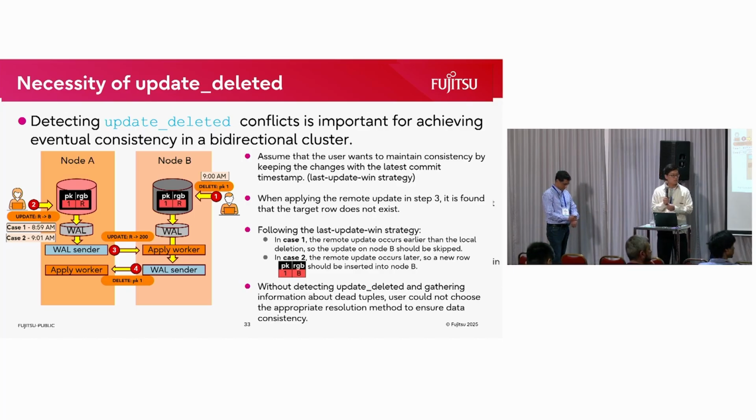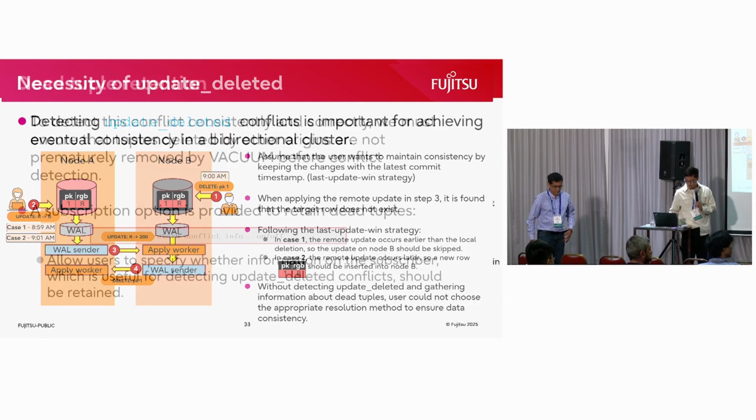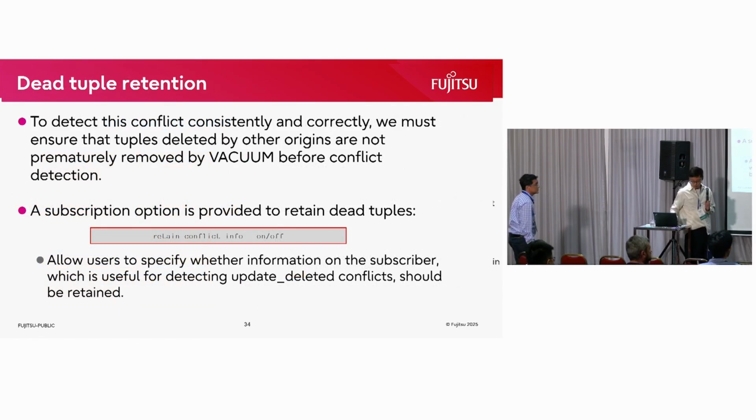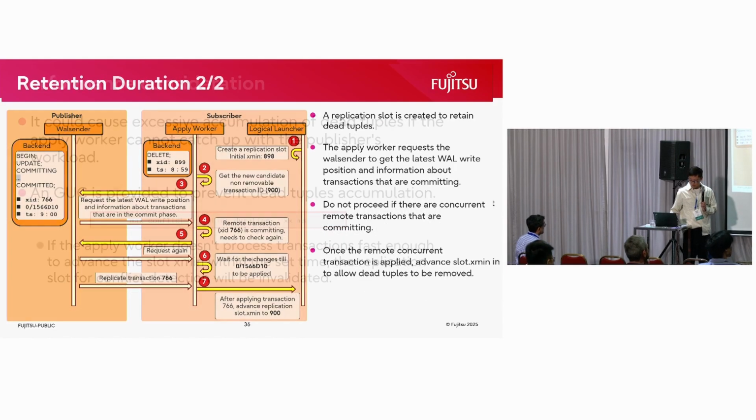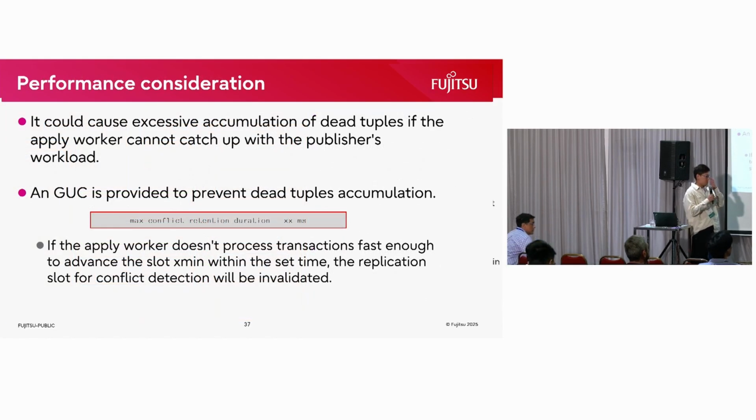I have one question. It's related to when you invalidate the slot that you use. How can you handle the situation when you invalidate the slot? You recreate the slot again? Yes.